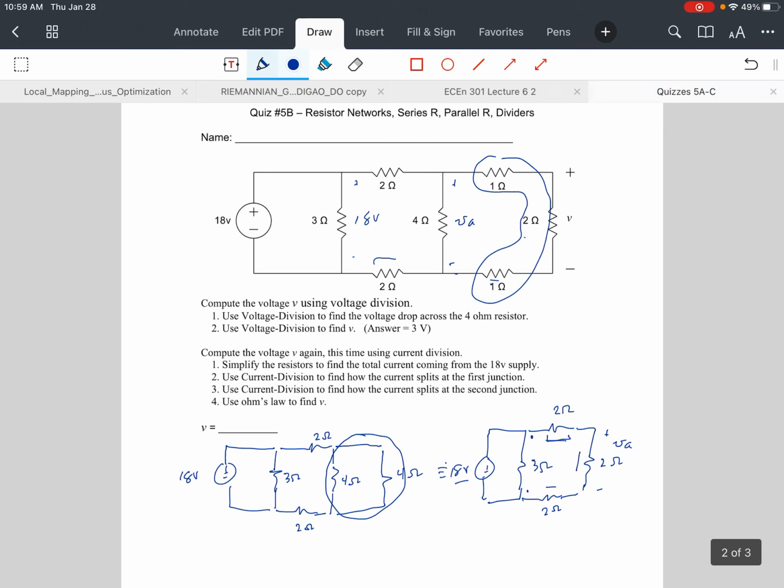We can think of combining those into a 4 ohm resistor, and VA is going to be 18 volts times 2 over 2 plus 4. Right, because it's this resistance divided by this resistance plus those two resistances. So this will be 18 over 3, which is 6 volts.